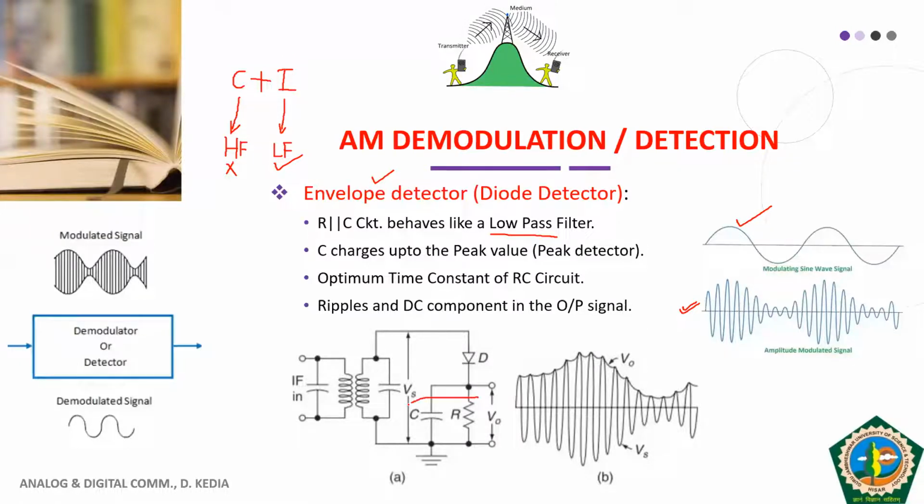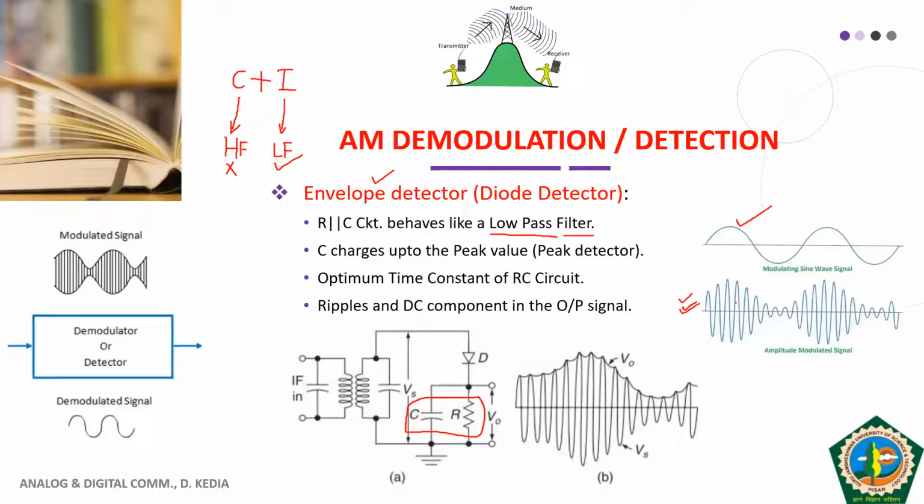Okay, so this RC part behaves like a low pass filter. Fine. That is one thing, because we want a low pass filter just to pass our information signal and remove the carrier part.